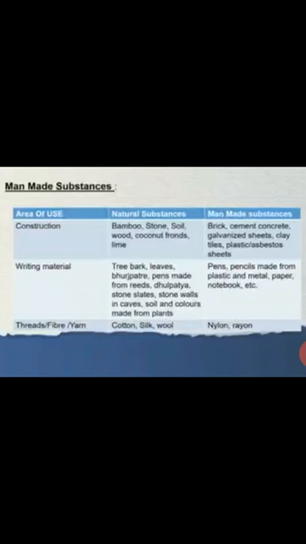And in man-made substances, writing materials are pens, pencils made from plastic and metal, papers, notebooks, etc. Another area is thread, fiber, yarns. Cotton, silk and wool come in natural substances, and man-made substances are nylon and rayon.